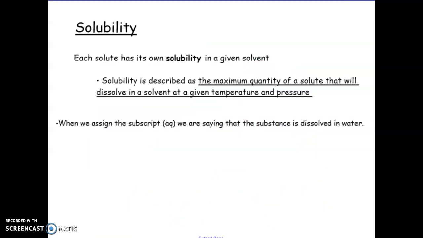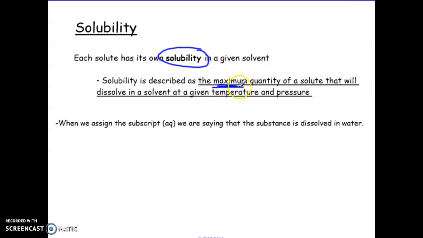These terms are going to come up. When we say the term solubility, as we saw with high and low solubility, it's talking about how much solute you are able to dissolve into a solvent. The maximum amount that you're able to dissolve indicates its solubility.